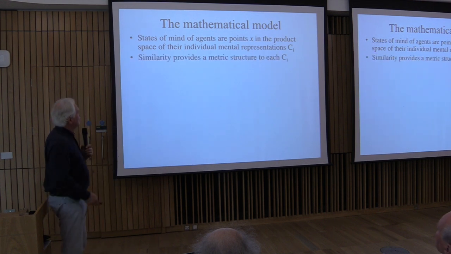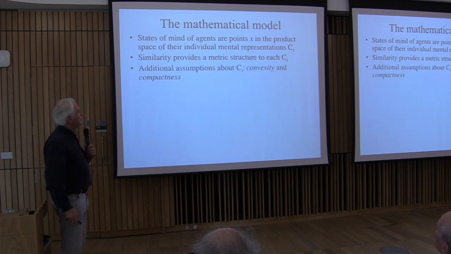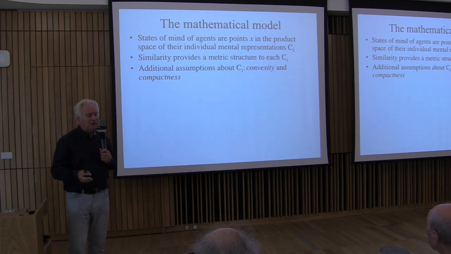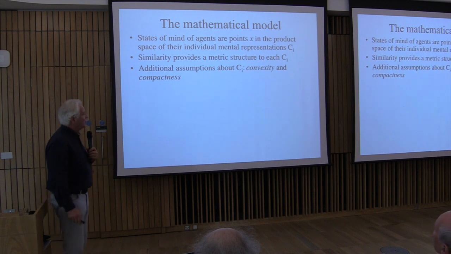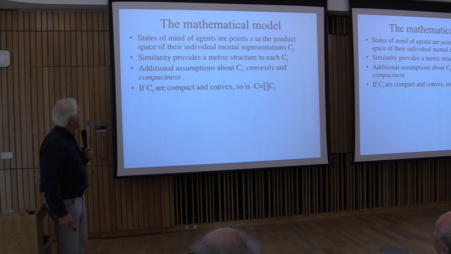Similarity provides a metric structure. We're assuming that we have a metric structure to each of these. And the only thing we assume about the spaces is that they are convex and compact. Fairly general topological assumptions of the individual spaces. And the product space will also be convex and compact.